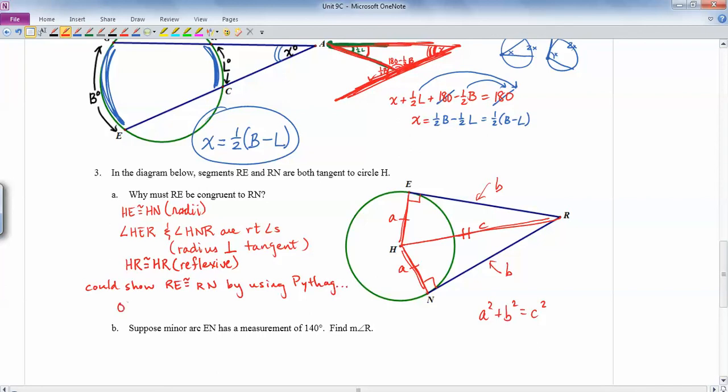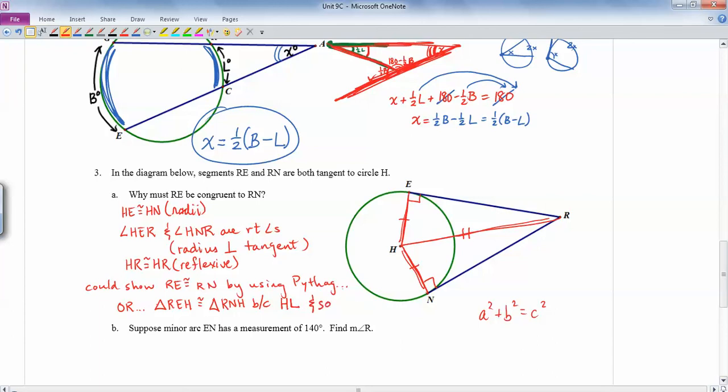Or if you prefer kind of first semester stuff, you could say triangle REH is congruent to triangle RNH because of, now it's a right triangle, and I've matched up the hypotenuse and one leg, so because of HL.